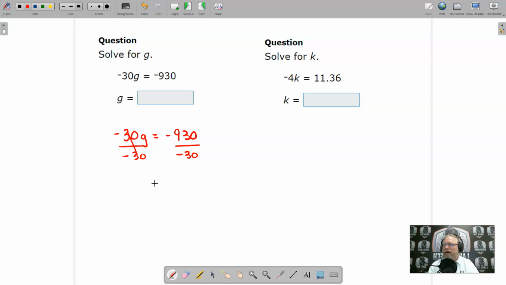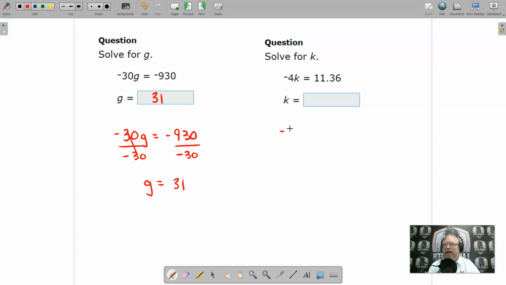So the negative 30s will cancel each other, leaving us with G on the left. And then negative 930 divided by negative 30 is going to give us 31. 31 is our answer. And we would expect a positive number because negative divided by negative equals a positive.